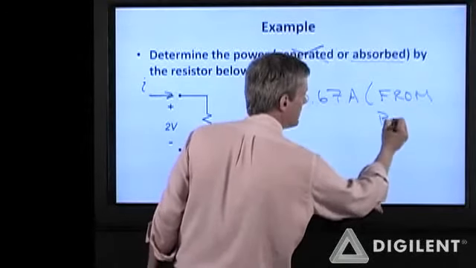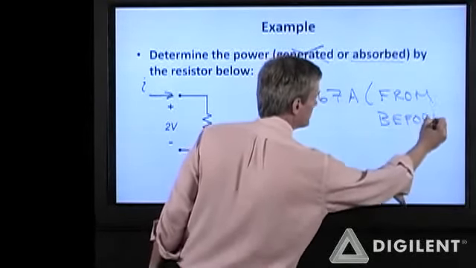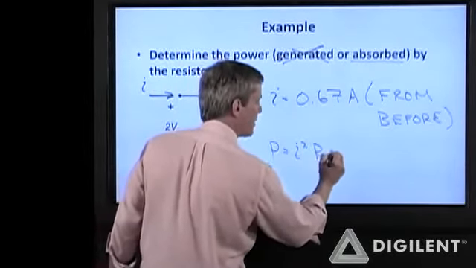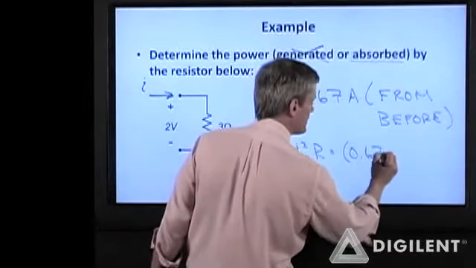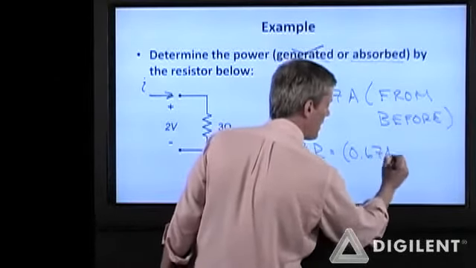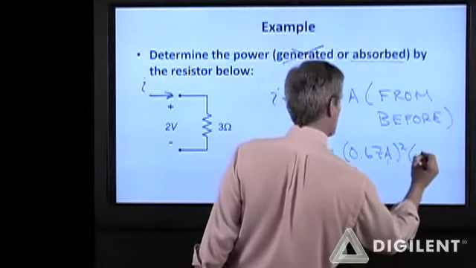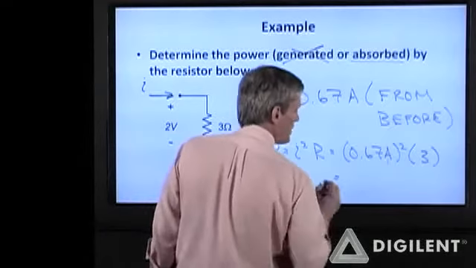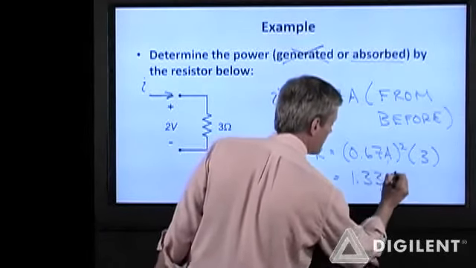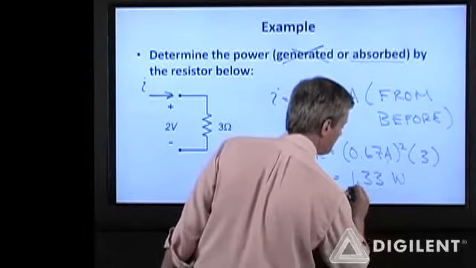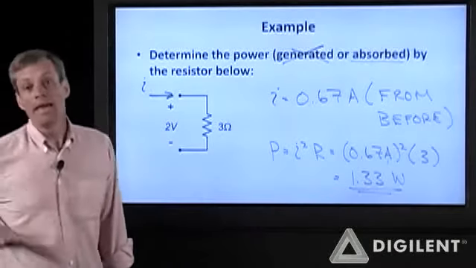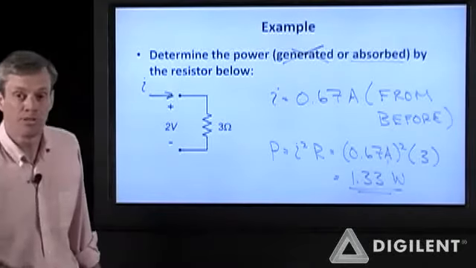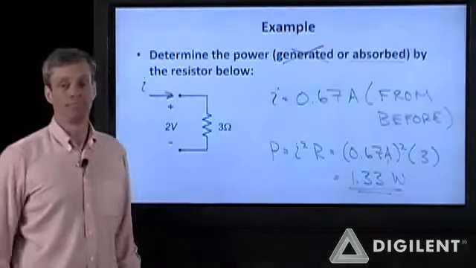Power is I squared times R for a resistor, so 0.67 amps squared times 3. 2/3 squared is 4/9, which is 1.33 once I multiply it by 3. Okay. Any of those things will give me the same result. Take a look at what you're given and use the simplest approach to determine what you're after.